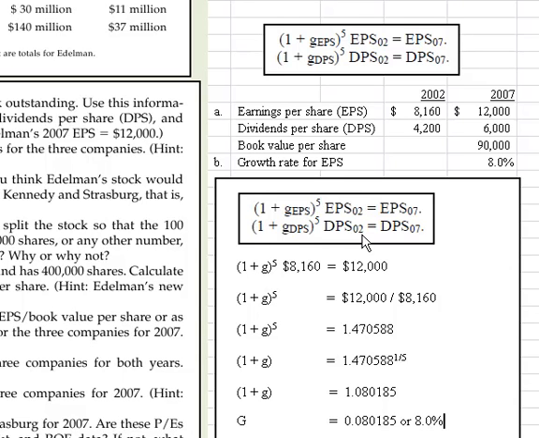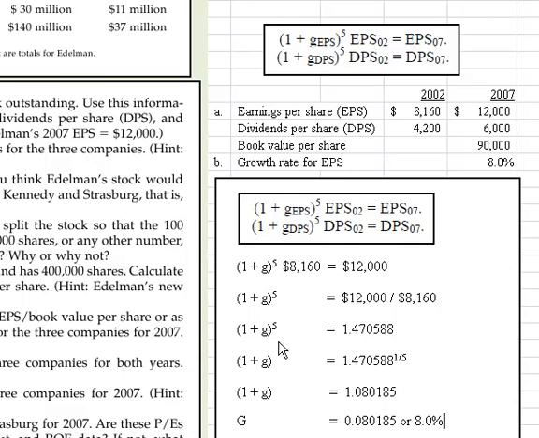You can see that what you do is you take 1 plus G raised to the T equal to 5, right? 5 years, times the earnings per share in year 2002, which is 8,160, would equal the 12,000 earnings per share in year 2007. Then if we divide through by the earnings per share in year 2002, so we're dividing by 8,160, we get 1 plus the growth rate raised to the power of 5 equal to some value, and that value is 1.470588.